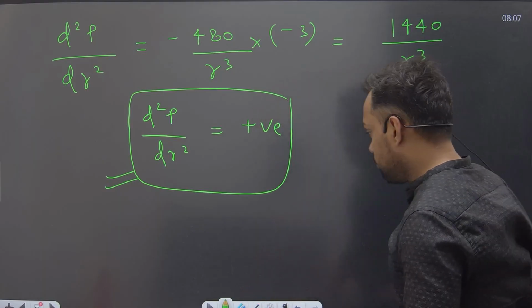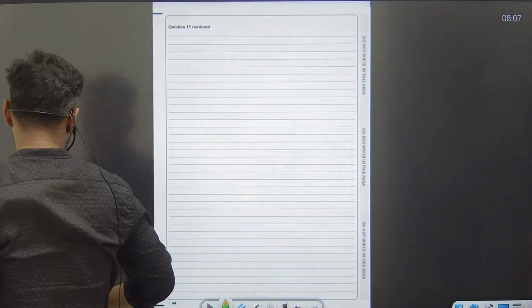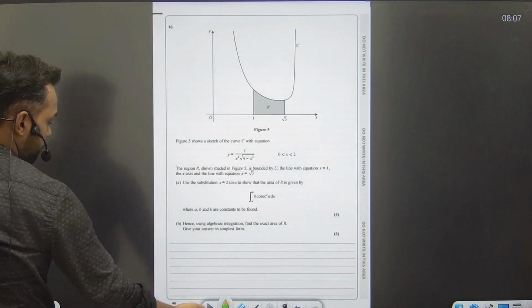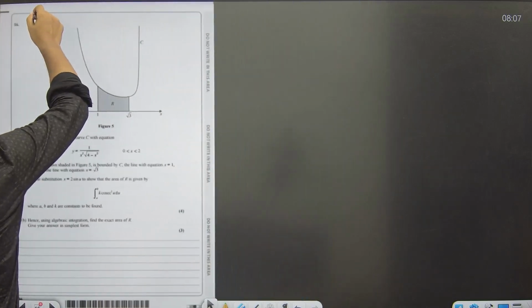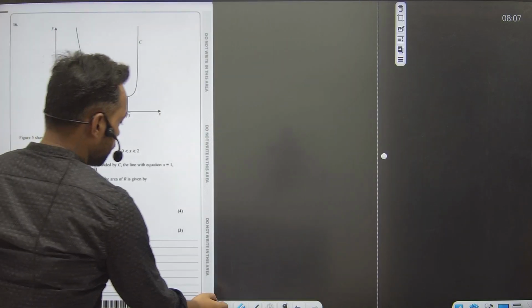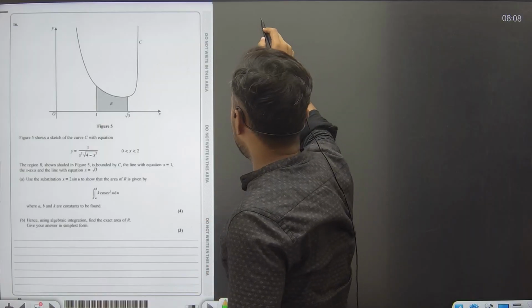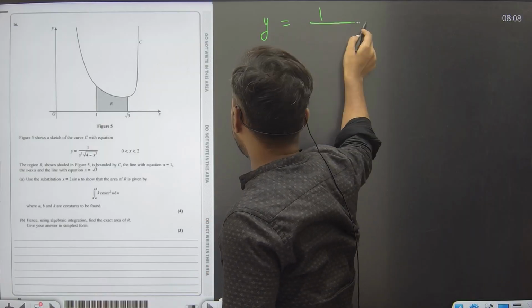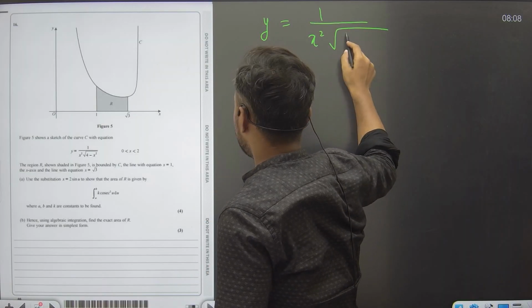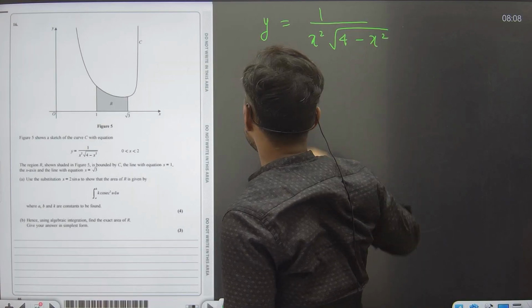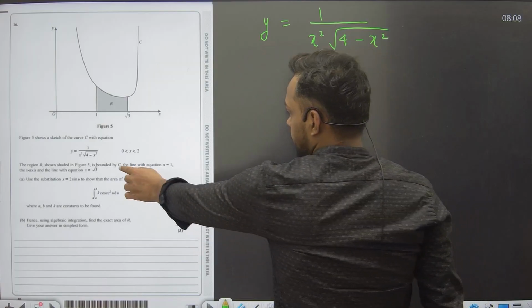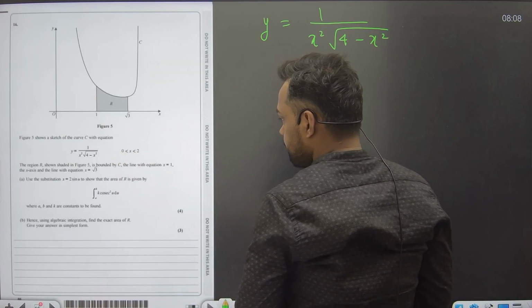Now let's move to the next question, and this is the last question, students. They have given us a particular figure, and the curve equation is given, y equals to 1 by x square root of 4 minus x square, and a certain boundary is there.